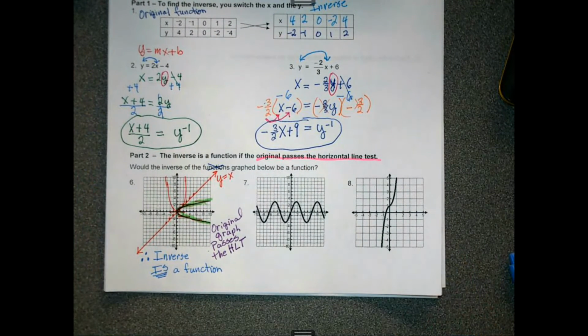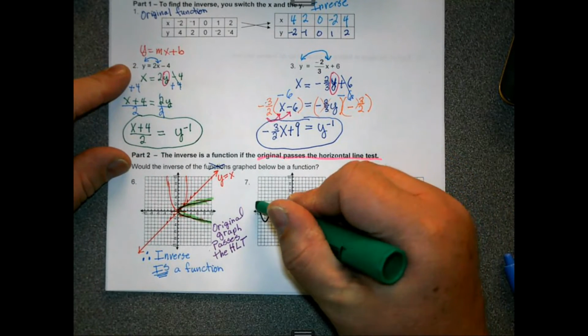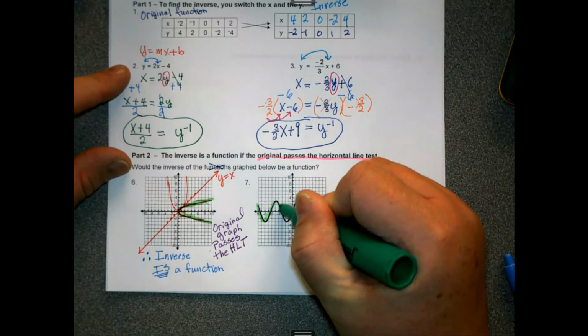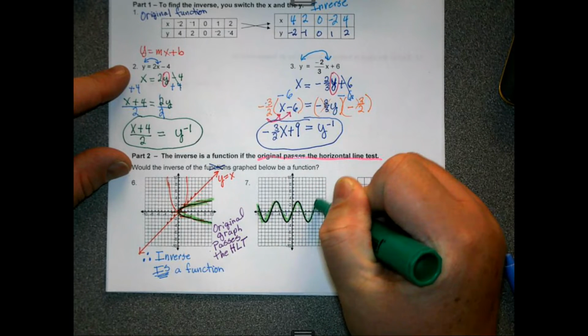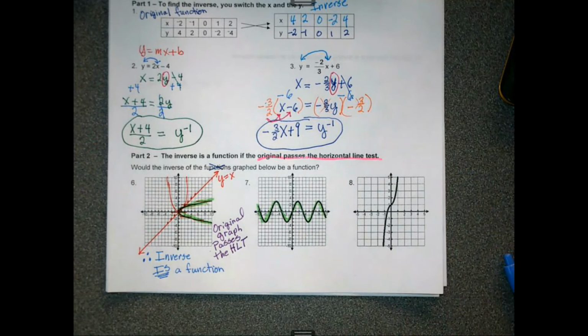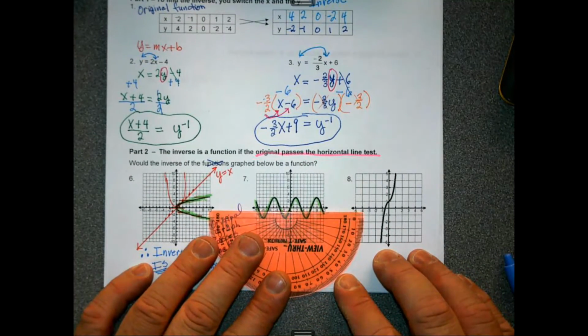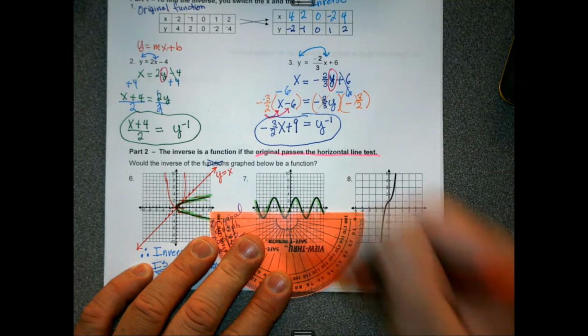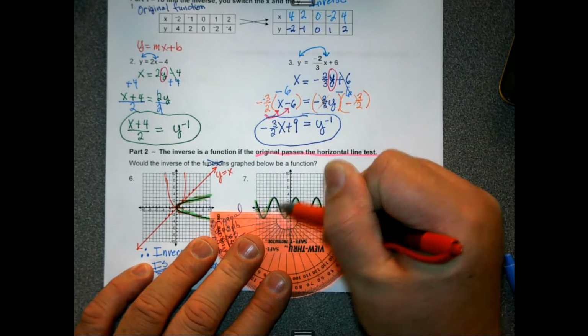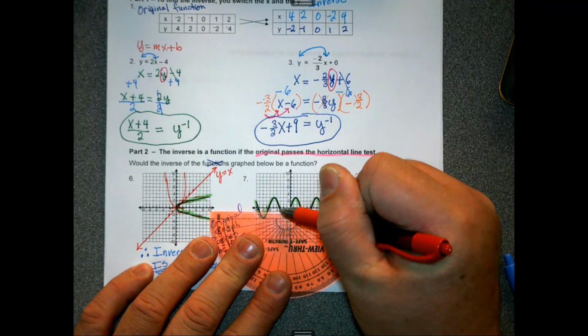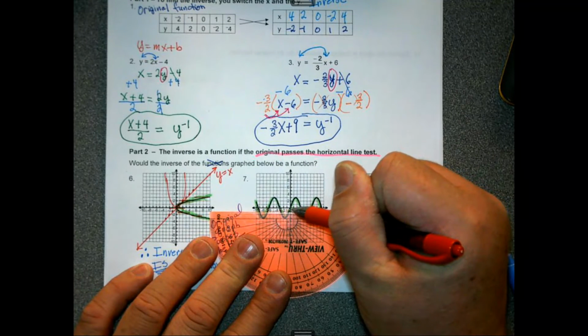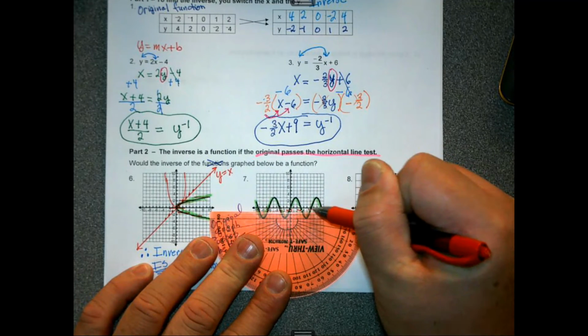All right, let's do another one. This looks like it could be a sound wave, some kind of frequency. I'm going to go ahead and do the horizontal line test. Does this pass the horizontal line test? Crosses there, crosses there, crosses there, crosses there. Look at all these places it crosses.